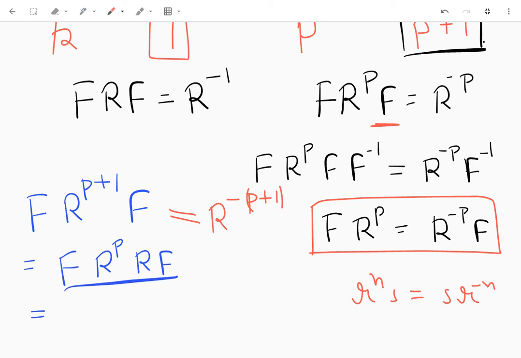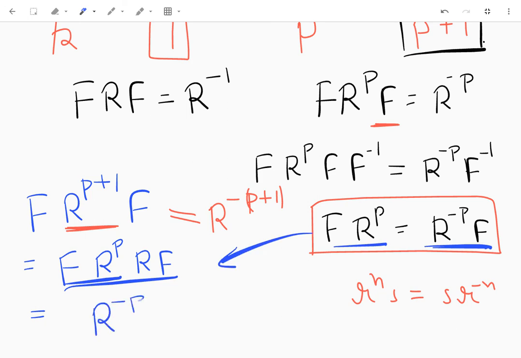Now, I hope this is clear. I broke this down into R to the power p times R. So the next step is that I should replace this with this, right? I substitute.